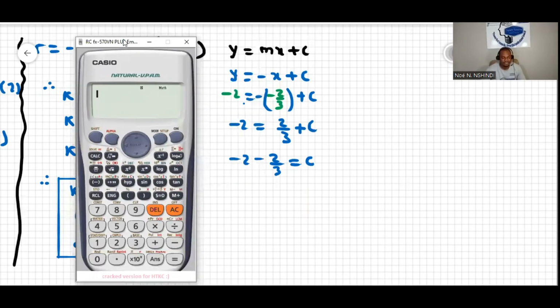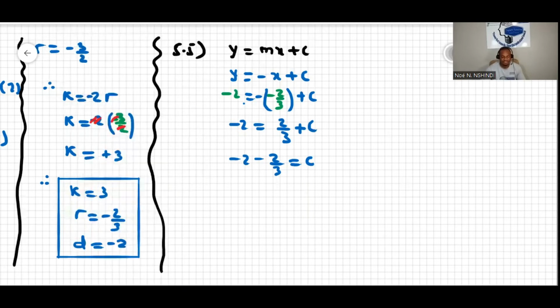We don't really need a calculator; I'm not a calculator fan. We can times by 3 and times the other by 3. This would be -6/3 minus 2/3 equal to c. Then -6 minus 2 makes -8, so c is equal to -8/3.